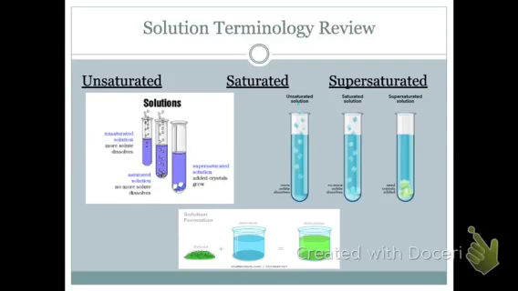So I pulled up a page from Honors Chemistry, Solution Terminology Review, and this should give you a little bit better view of what unsaturated, saturated, and supersaturated actually is dealing with. So down at the bottom, you've got your solute added to your solvent.